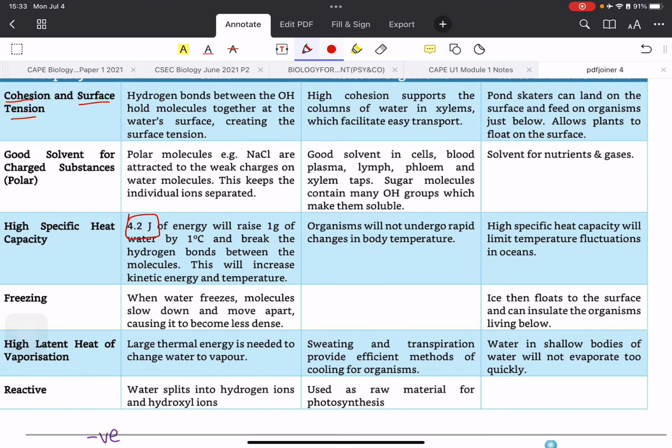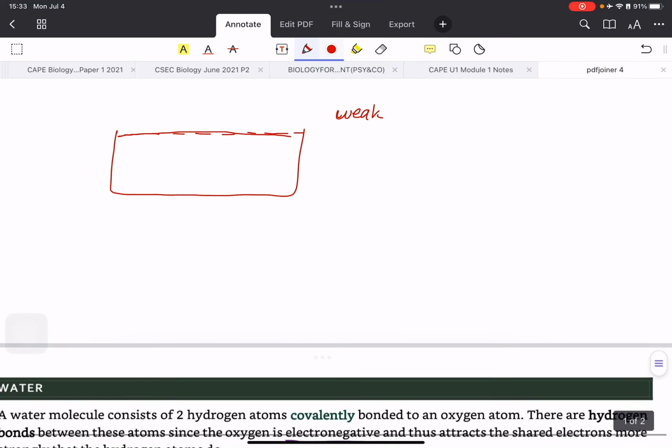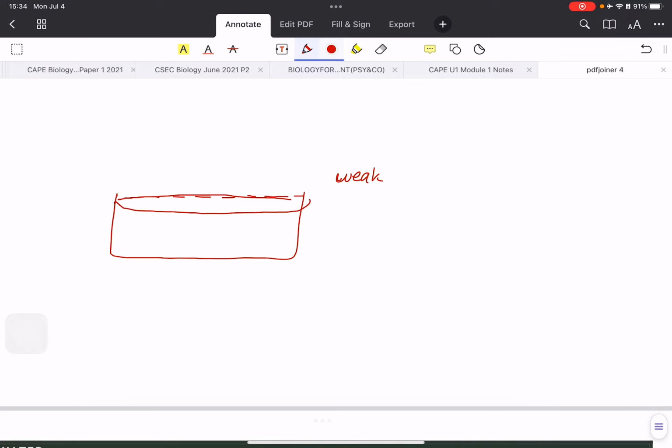So we don't have a use in organisms for this one, but in the environment, in cold regions, when it's winter time, ponds will freeze over, right? But the entire pond does not freeze. So this is the pond here. Only about this portion would freeze, not the bottom. So all the organisms that were living in the pond will continue to survive under the ice.